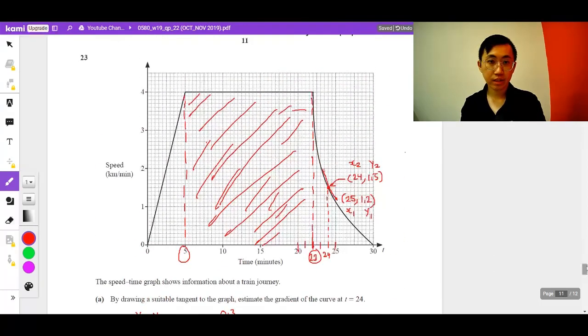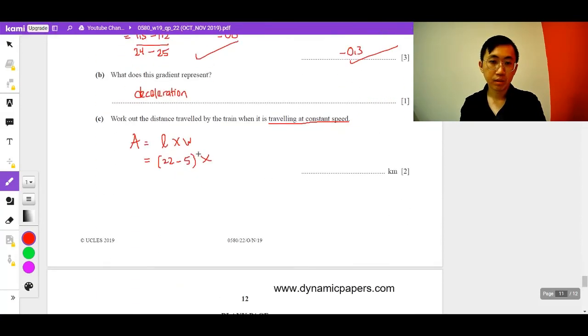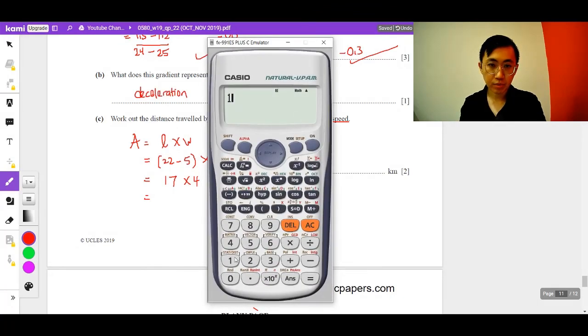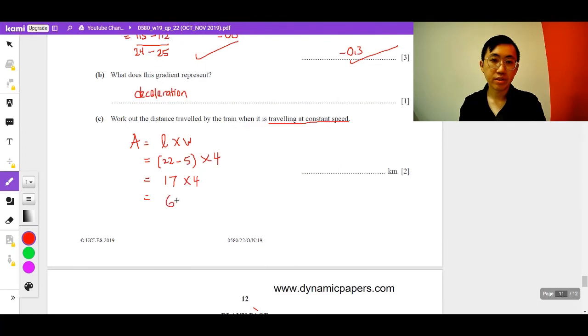Once again, it's 0 to 4. So the width is 4. So this is 17 times 4. Use your calculator. 17 times 4. Here we go. Okay, 68. So let's write 68.